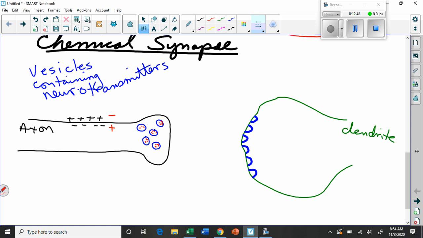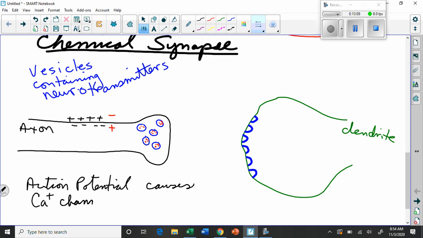So the depolarization, I'm going to write this underneath. The action potential, let's call it the action potential as it moves, causes calcium channels to open. Again, another reason why calcium is so important. We saw it with bones, we saw it with muscle. We were doing the osmoregulation of calcium, and the endocrine system and how it regulates calcium levels.